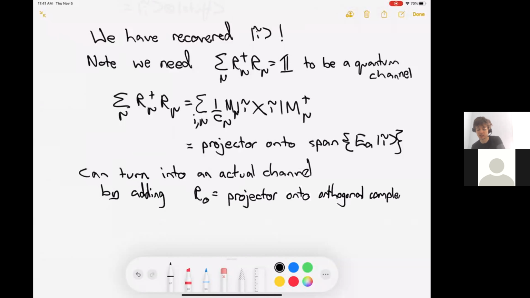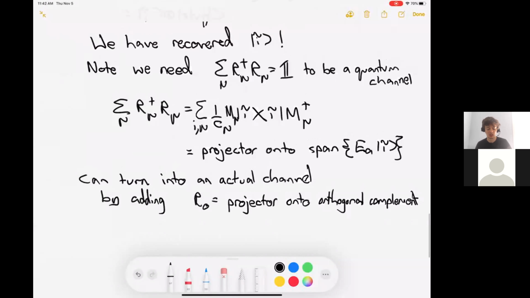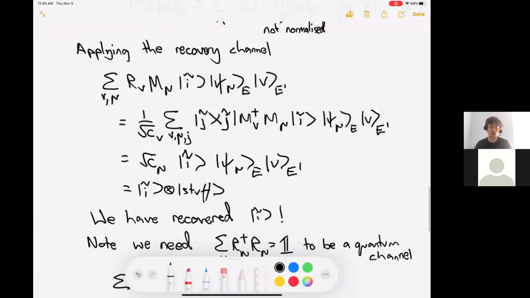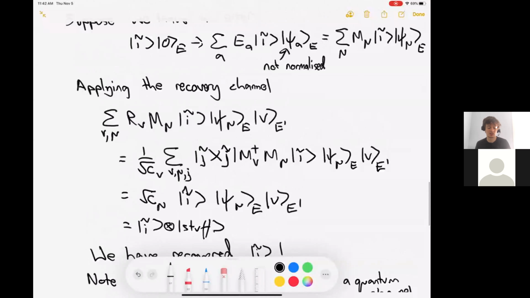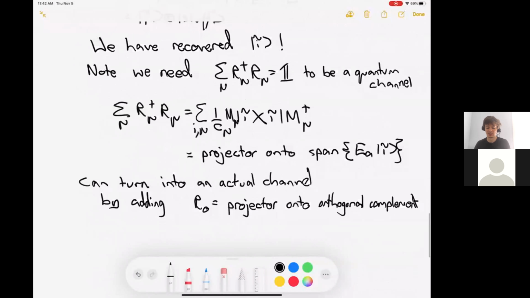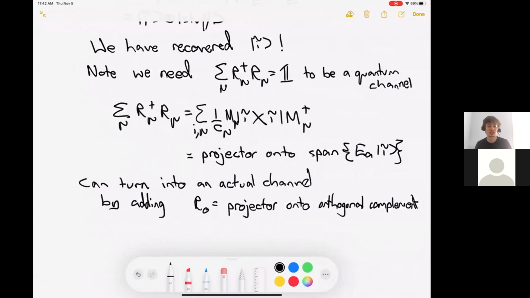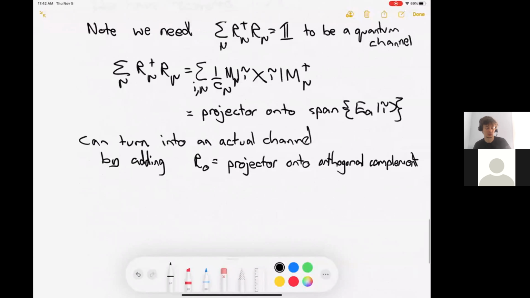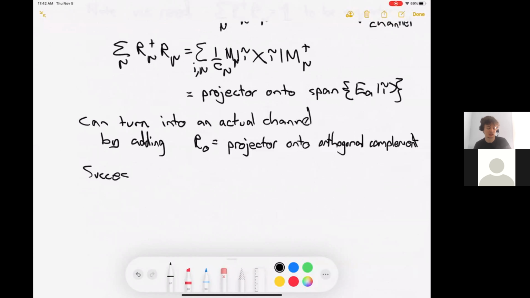Okay, that makes it add up to the identity. So we're summing to the projector and its orthogonal complement. And you can check that R0 acting on this state mu nu I tilde psi mu is just going to give 0, right? Because by definition, R0 is orthogonal to all states that can be reached by errors acting on states in the code space. Okay, so we have success, we have constructed a channel, we've proved this is a sufficient condition in addition to being a necessary one.